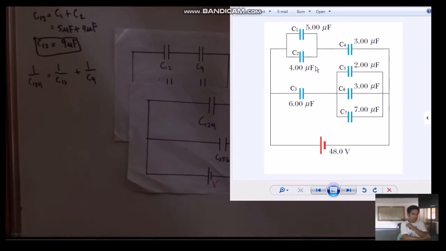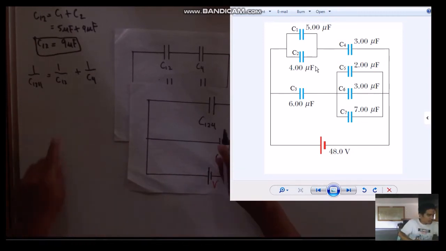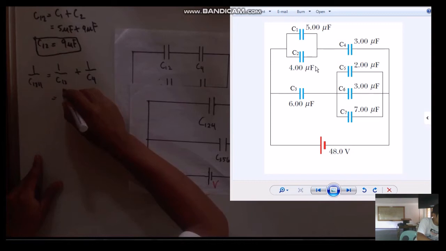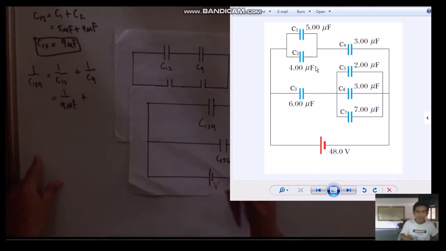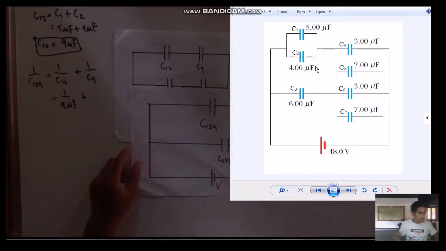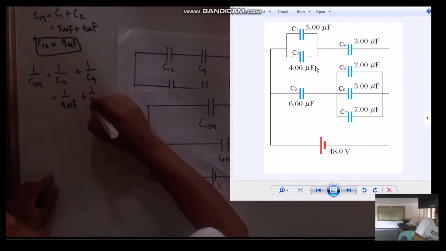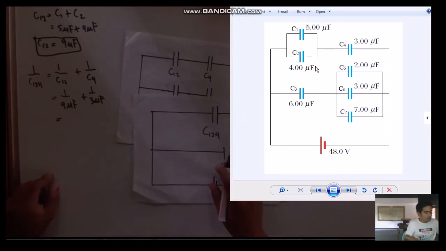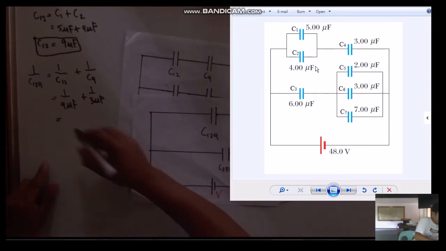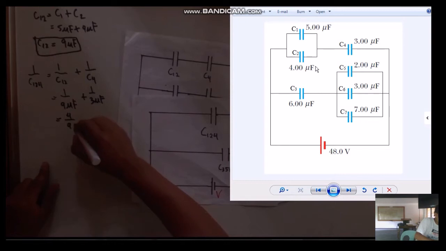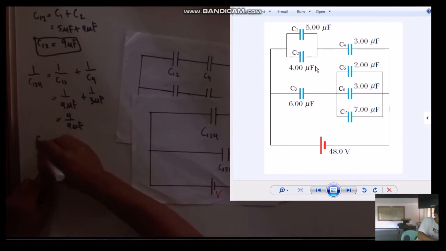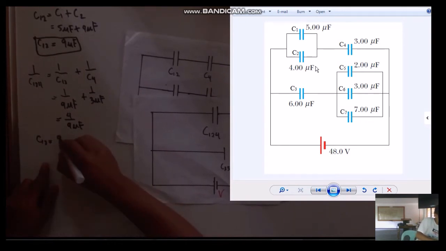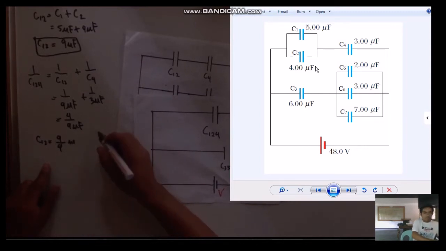What is 1 over C12? That's 1 over 9 microfarad, plus 1 over C4. What is C4? That's 3 microfarad, so 1 over 3 microfarad. And that is 4 over 9 microfarad. Or C124 equals 9 over 4 microfarad.